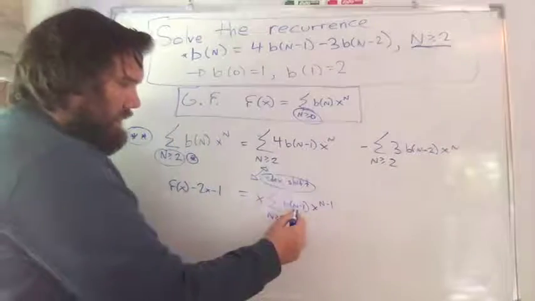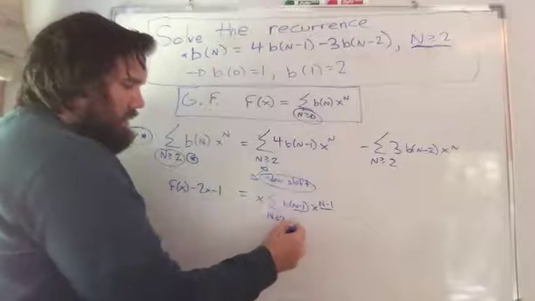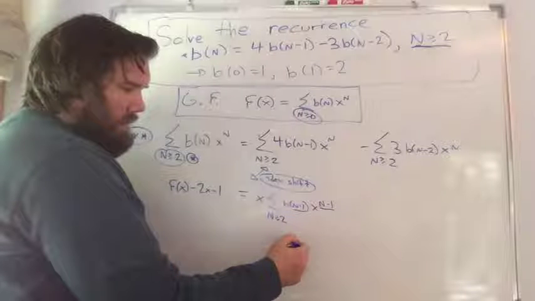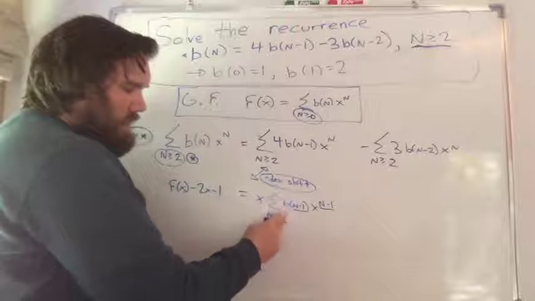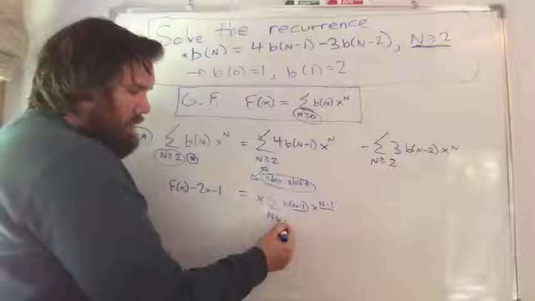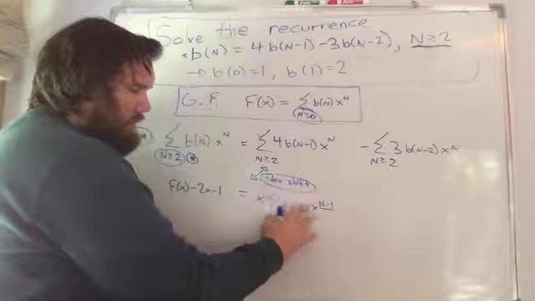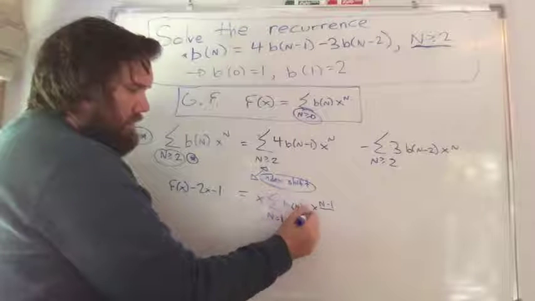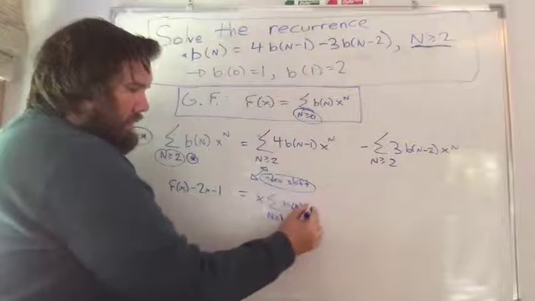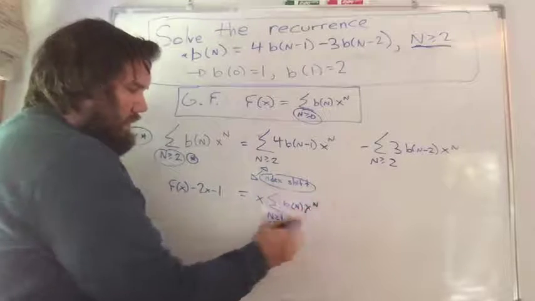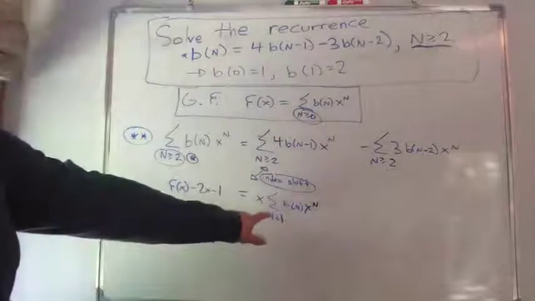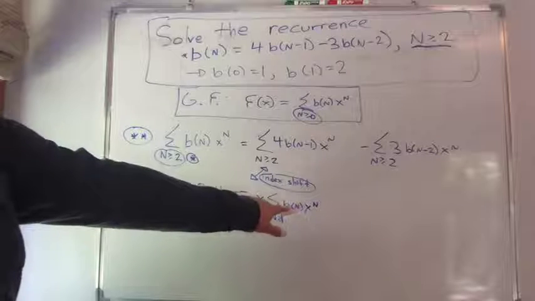And now, if I start at 2, but I'm dropping everything down, that's the same as if I started at 1, but I didn't drop anything. So I can rewrite this as x times the sum n greater than or equal to 1, b of n x to the n.